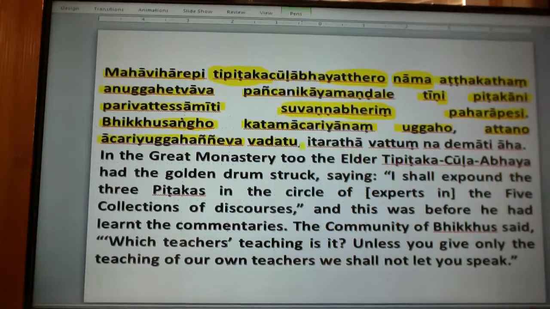If not, it's not like this. Watto na desami di. Watto means to explain. Na desami di means we don't want to give you the chance to make an explanation. So the meaning is, if you learned from your teacher, you can explain according to your teacher's explanation, not your own explanation.